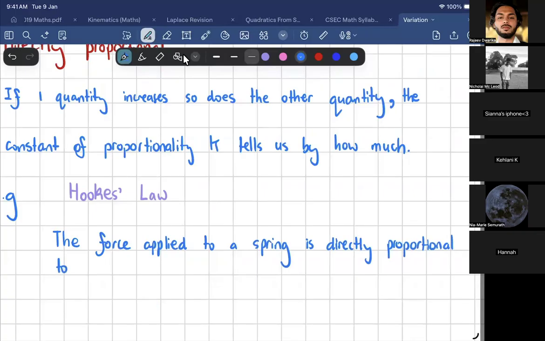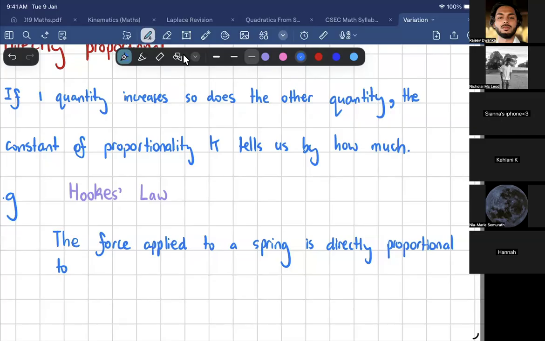Tell me, Hannah. So the more force you apply to a spring, what happens to the spring? The more it would extend. Exactly, the more it will extend.